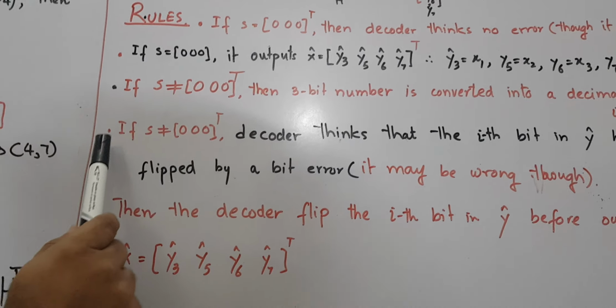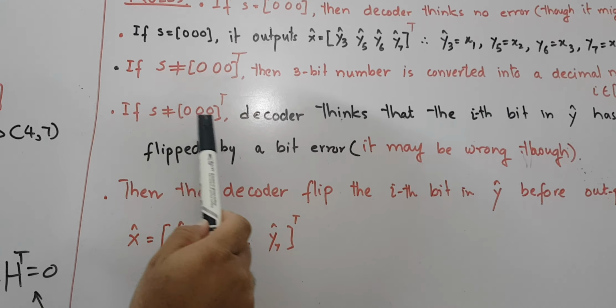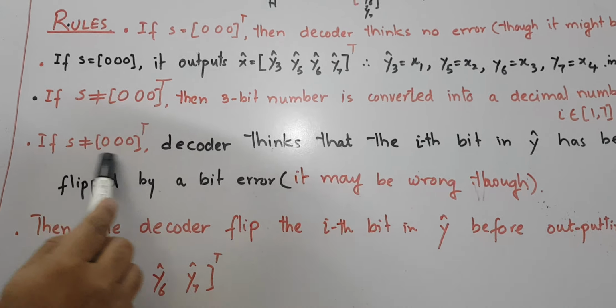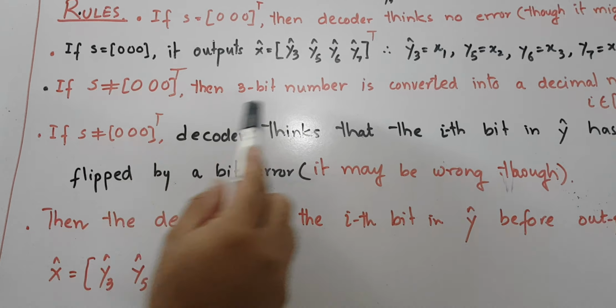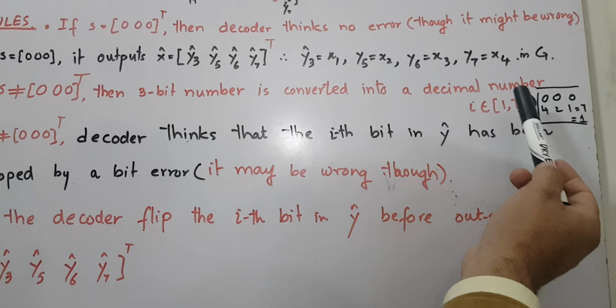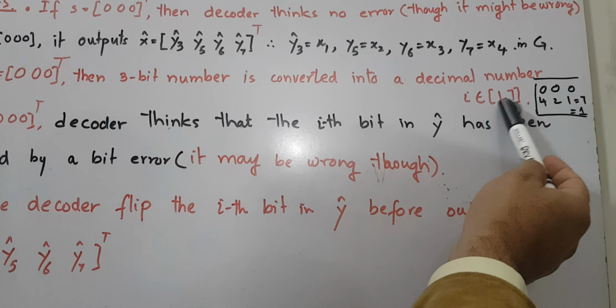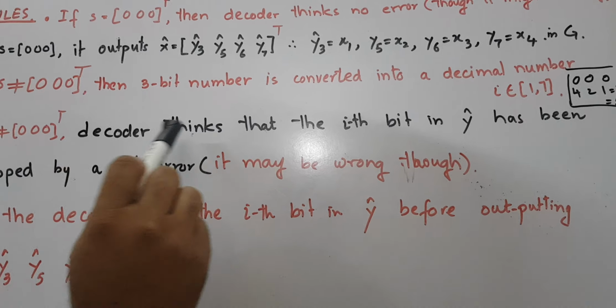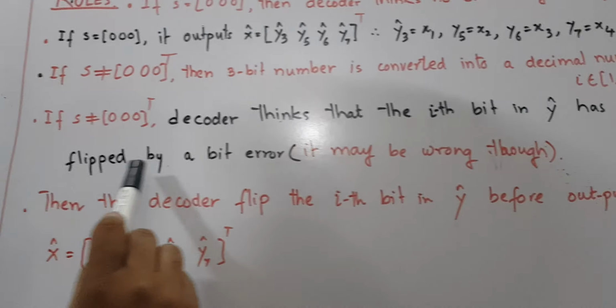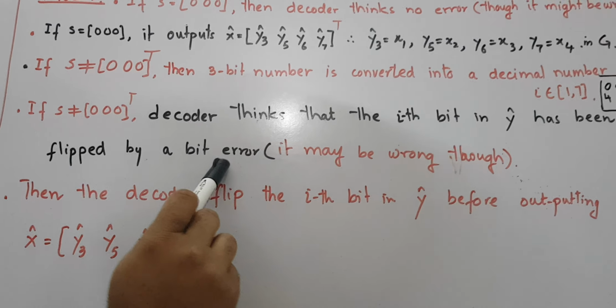If S is not equal to 0, then the decoder thinks that the ith bit, the number I you have converted, has been flipped. If I is equal to 1, the decoder will think that the first bit in y hat has been flipped by a bit error.